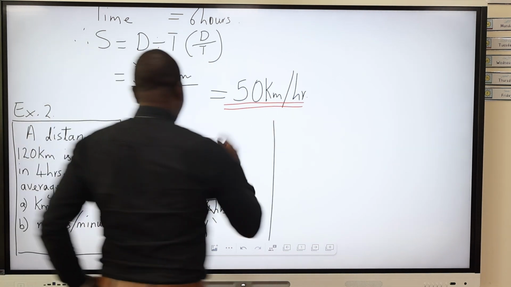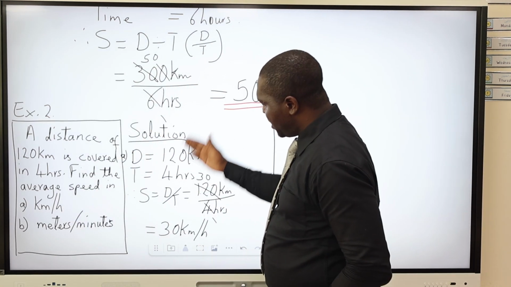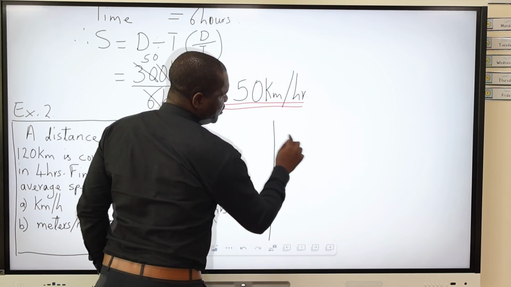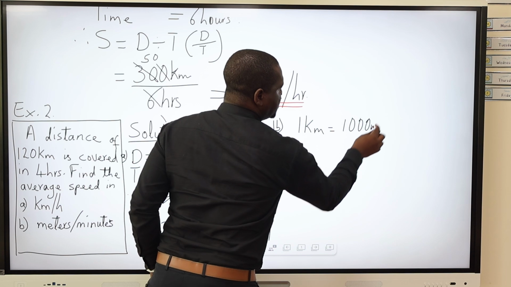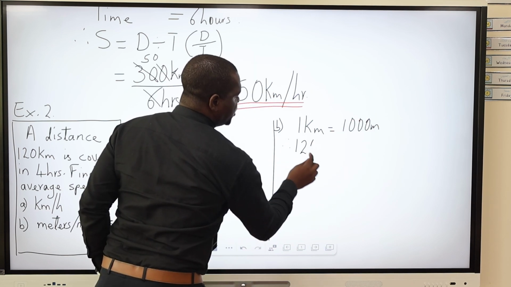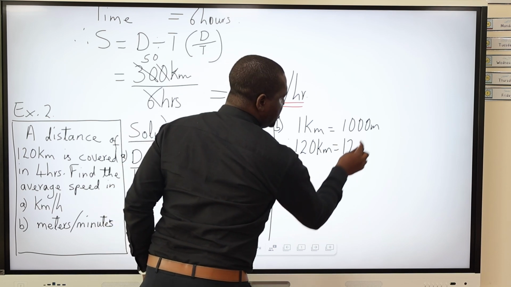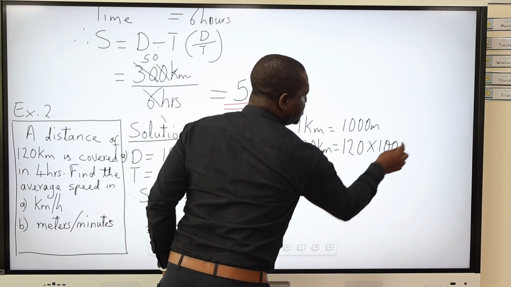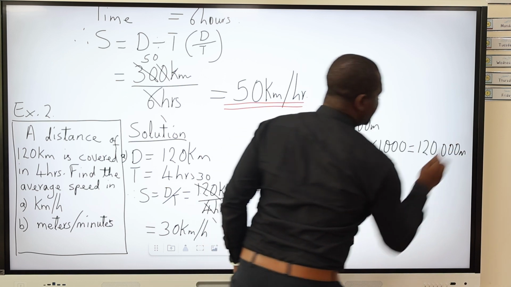First of all, start by converting the distance into meters, then the hours to minutes. So 1 kilometer is equal to 1000 meters. Therefore, 120 kilometers will be equal to 120 times 1000, which is going to give 120,000 meters.